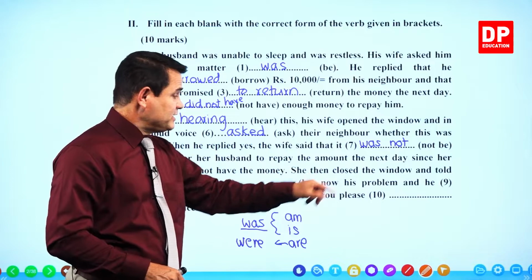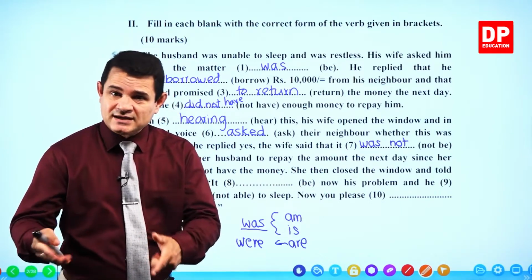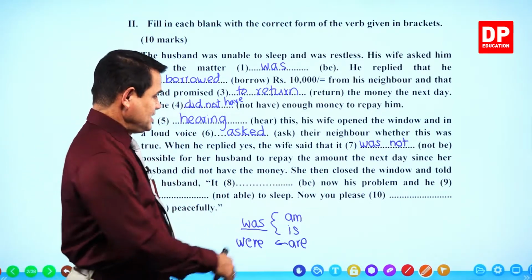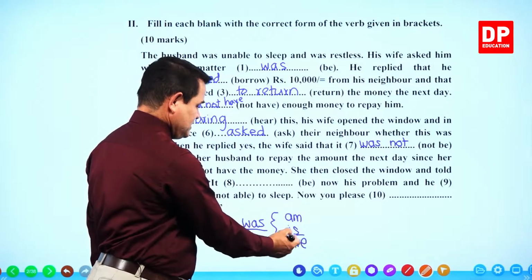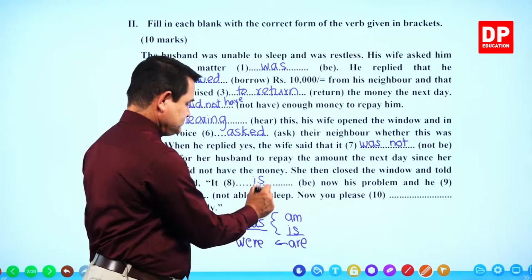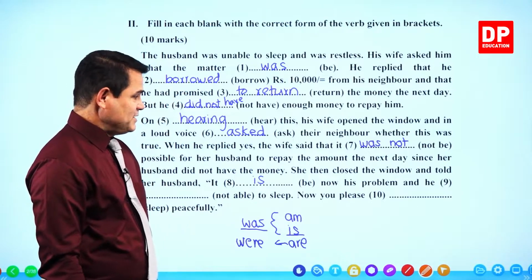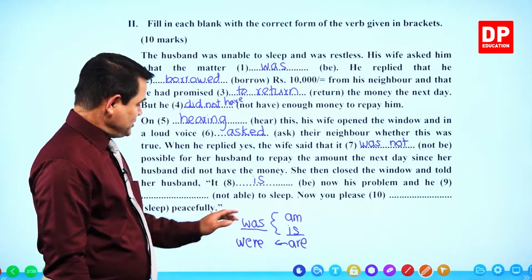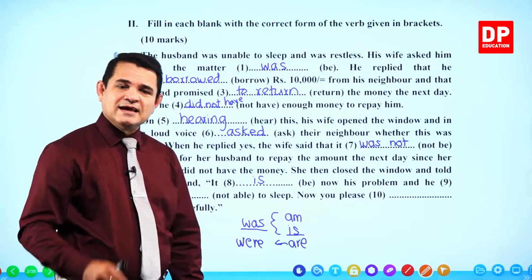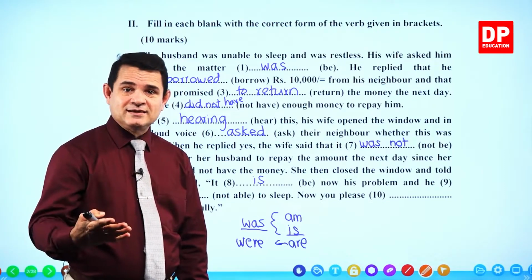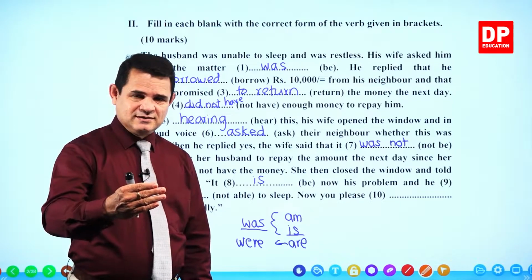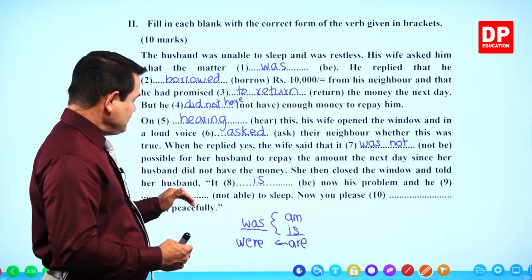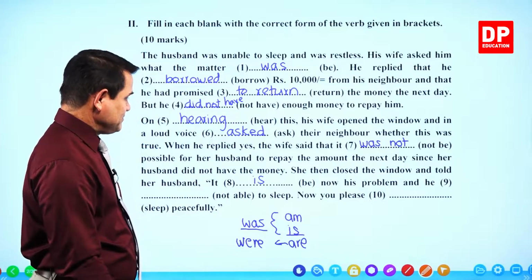It is now his problem. The present form of the be verb, singular, is is. It is now his problem and not able to sleep. From that moment, it is future, so you can say he will not be able to sleep.